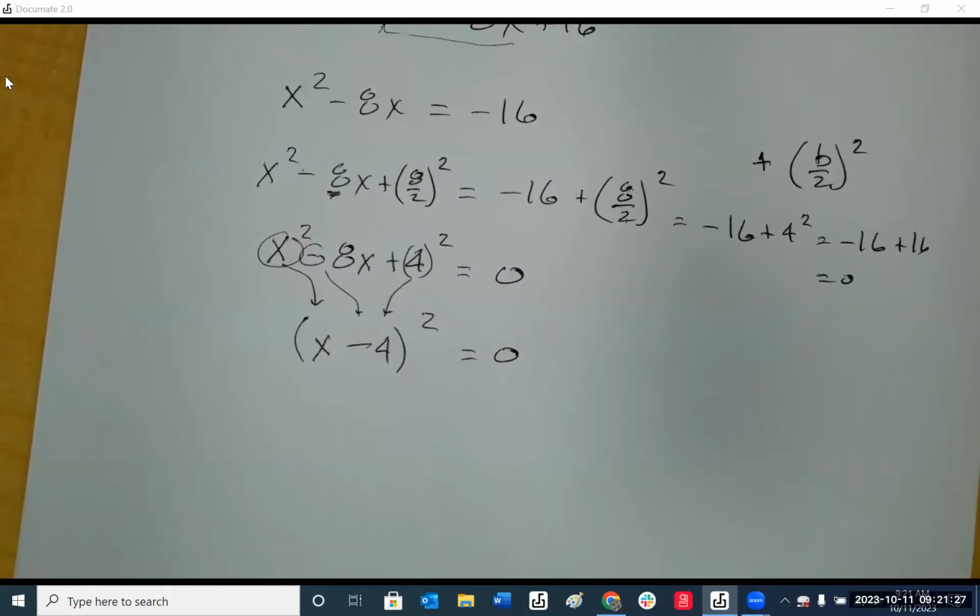The last method is the quadratic formula. Negative b plus or minus the square root of b squared minus 4ac over 2a.